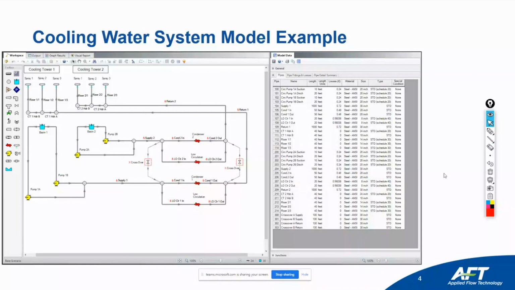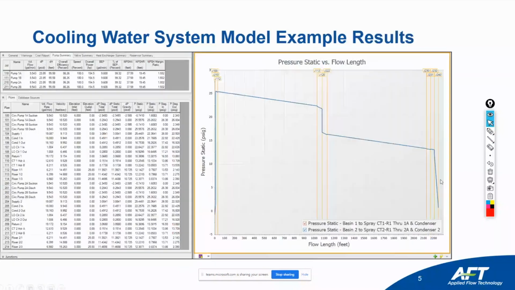And then an example of what the output might look like, there's tabular formats. It's important to pay attention to how your pumps are operating. And as you can see for this particular system, the pumps were sized very well for operating right at their best efficiency point. And there's plenty of NPSH available, and that's something that you would focus on.